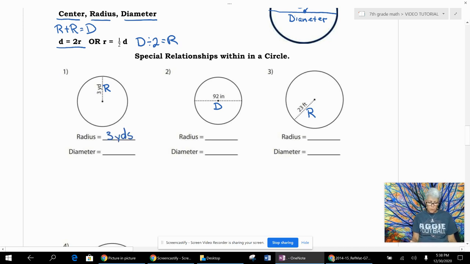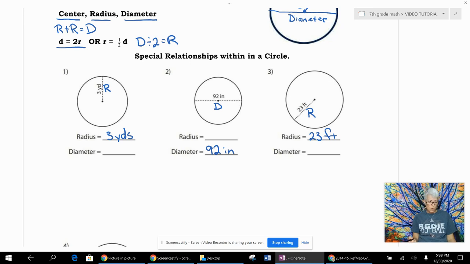On number 2, they gave us a diameter. So I'm going to put 92 here. In the third one, we have the radius. So I'm going to put a 23 here. And I put the units behind it, whether they're feet or inches or whatever they are. That was given to us. We don't have to do anything to get that information. We just have to look and then write down what we see.